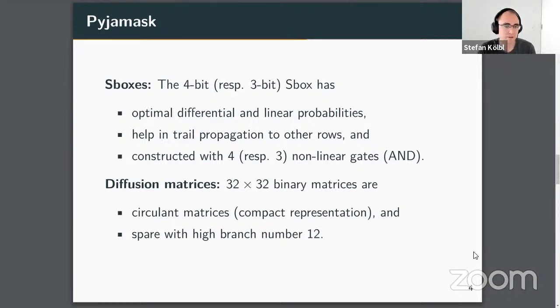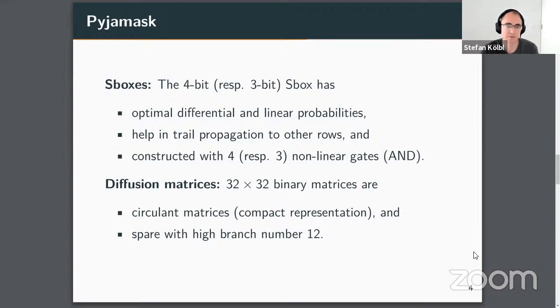Regarding the diffusion matrices, as we really focus on the masked implementations, we do not care too much about the costs of those. So these are basically 32 times 32 binary matrices. And our goal was to have a high branch number so we get good bounds against differential and linear attacks.